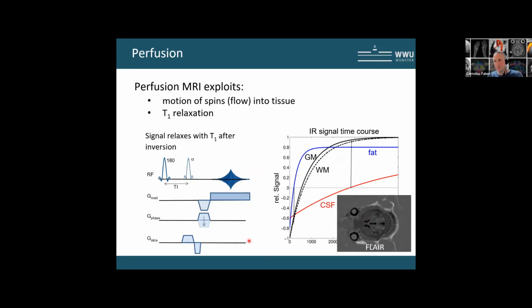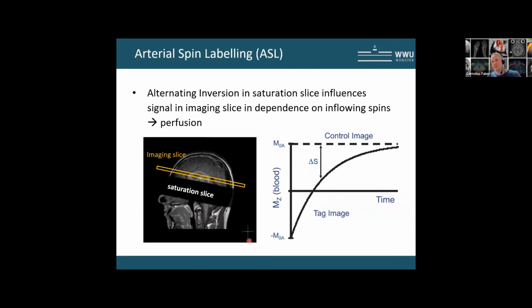and that we can exploit it to alter our signal. So how is perfusion measured? There are a number of ways to measure perfusion. Of course, there's some contrast-based. The gold standard is probably using PET, with radioactive water. But we can do it with MRI, and we have a very convenient sequence, which is called arterial spin labeling, or ASL. And this is a sequence that is contrast-free.